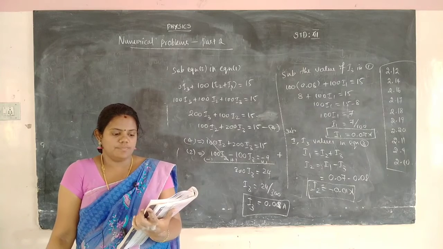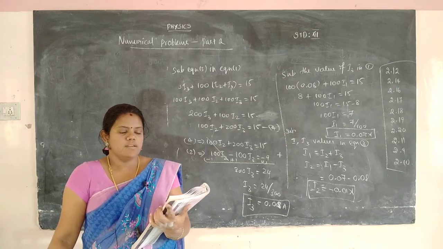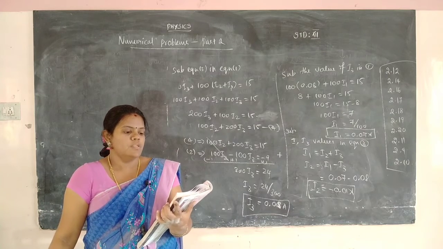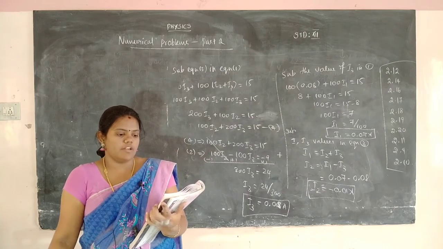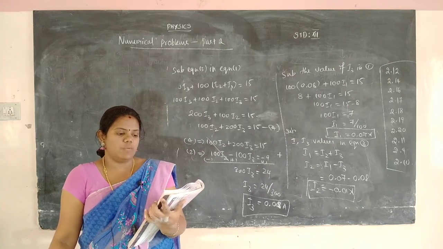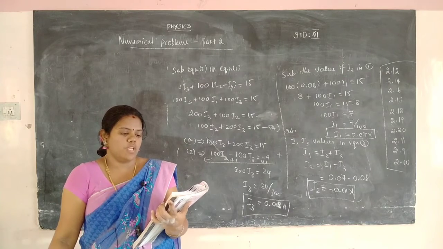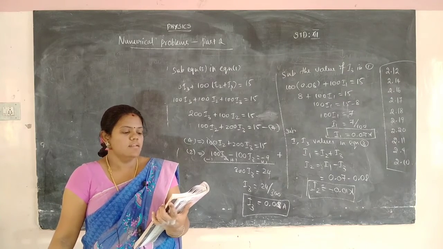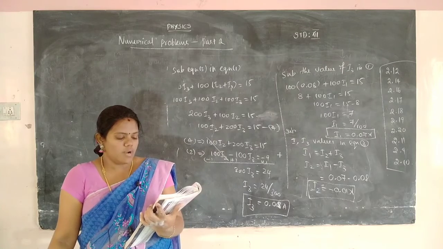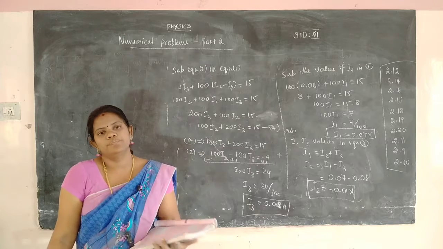So the potentiometer has one wire, the length is 4 meter, resistance is 20 ohm. L value is given, R value is given. Two resistances are given. One is 20 ohm, another one is 2980 ohm. This is the external resistance R, and then one voltage is given, that is 4 volt. Calculate the potential along the wire.